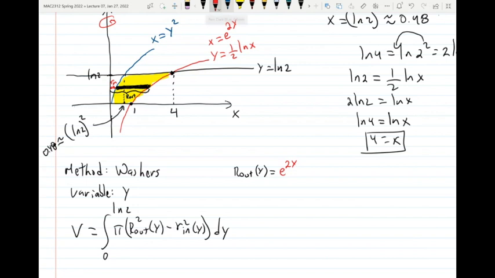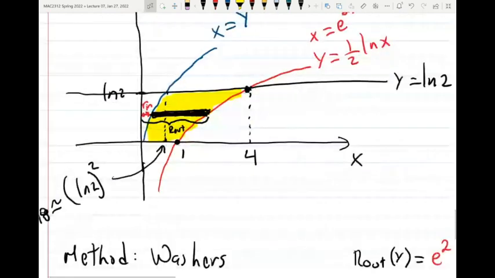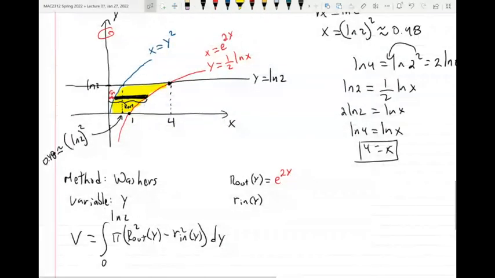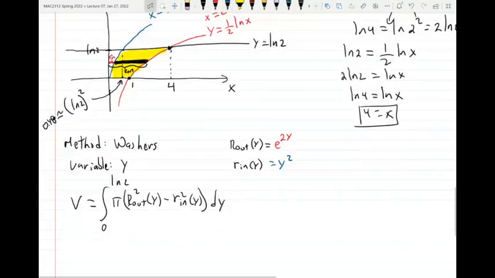And then R in, how do we calculate R in? It's given by the blue function entirely, right? Let's look at the picture. The red function has no say in what the inside radius is. It's given by the blue curve entirely, so that would be y squared, right? That's x equals y squared. You okay with this? All right.